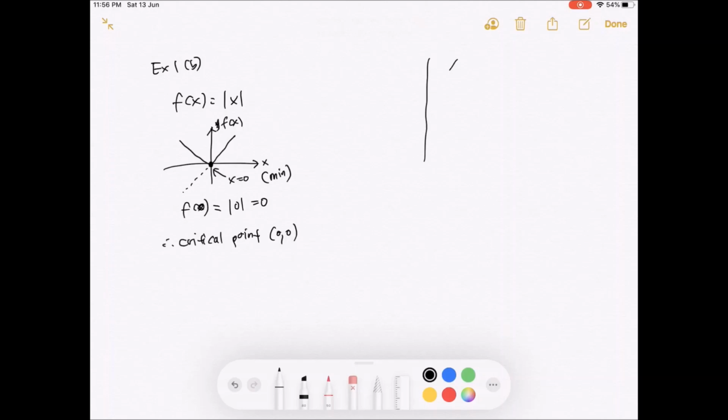So we have x equals 0. Let's say we take a value of x equals negative 1 and x equals 1, to see the pattern of our f prime x, whether it's increasing, decreasing, or constant. So this is the critical point.